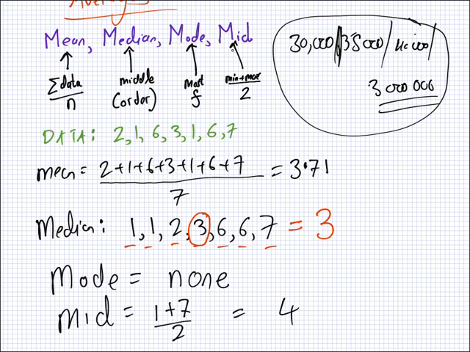But the midpoint can be done quite quickly because you quickly scan for the smallest and the largest value and divide them by 2. Do you understand? So midpoint is suitable when you want a quick estimation of an average and you have lots of data points. Do you understand? Okay, so that's mean, median, and mode when you have data.